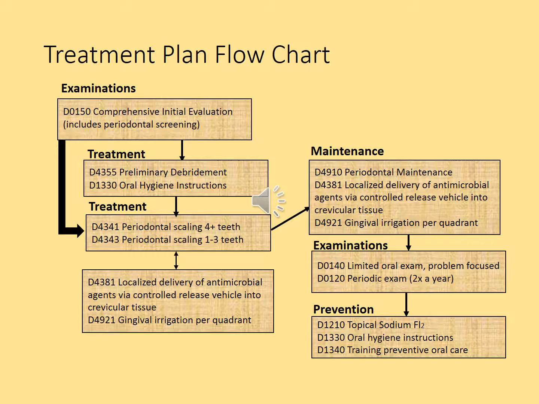For the next appointment, we're going to start with scaling and root planing for 4 or more teeth and periodontal scaling for 1 to 3 teeth, depending on how many teeth we need to treat per quadrant. In this appointment, we're going to deliver antimicrobial agents via controlled release vehicle into sulcular tissue and gingival irrigation per quadrant.